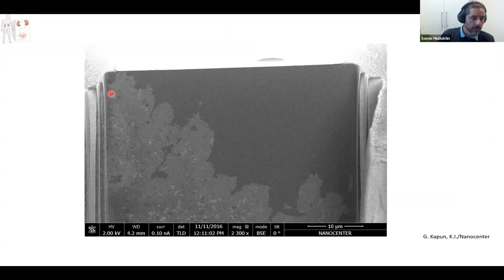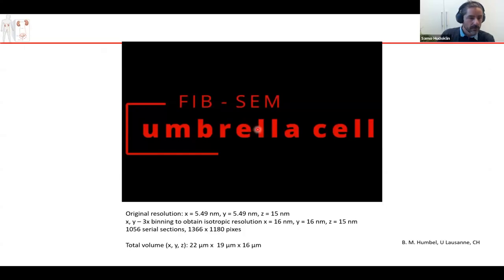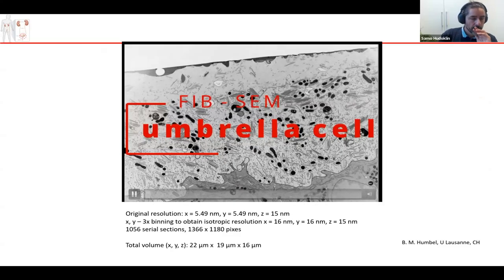This is the raw image of the larger part, but the final reconstruction looks like this.